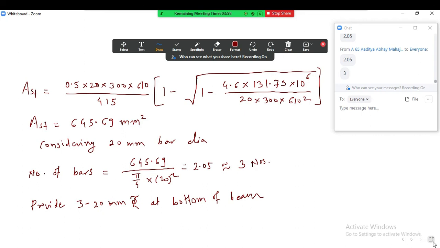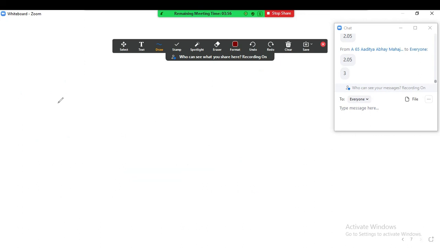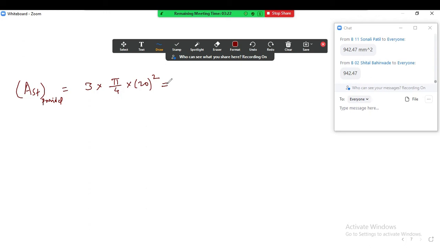Now calculate the Ast provided. So Ast provided is equal to what? We have provided 3 bars each of 20 mm diameter. 942.47. Okay.